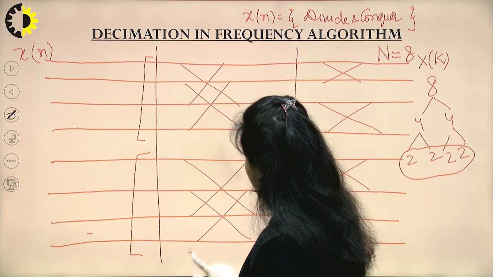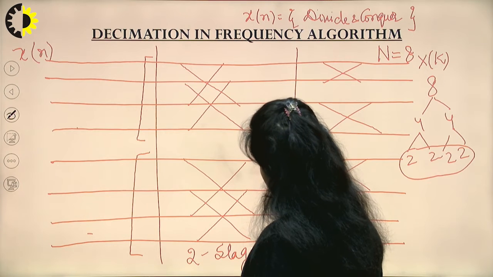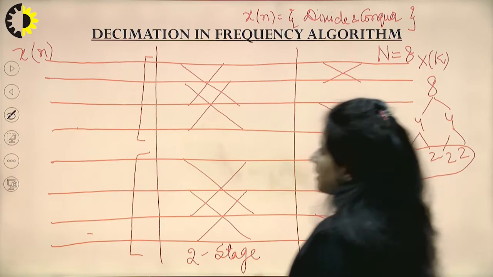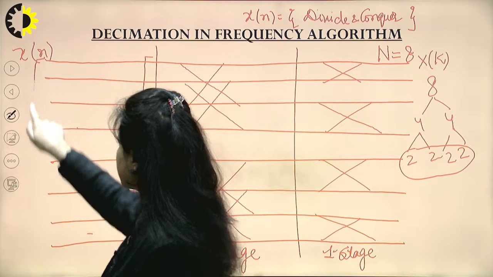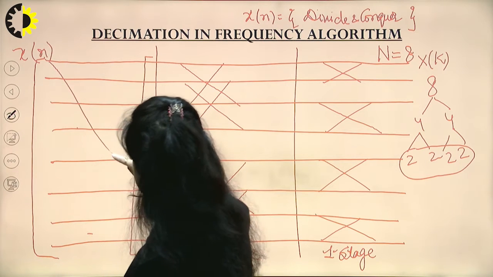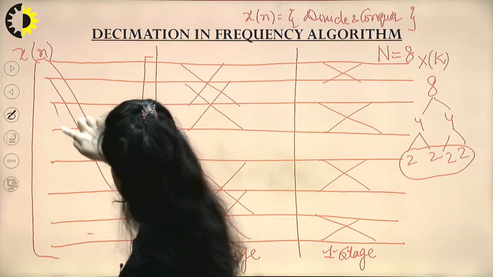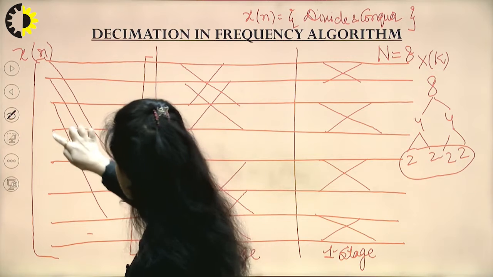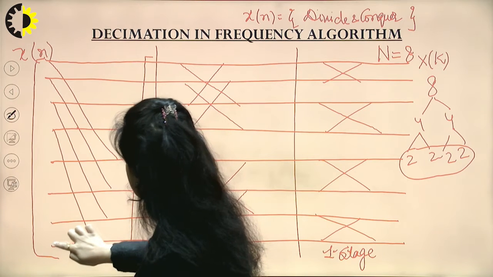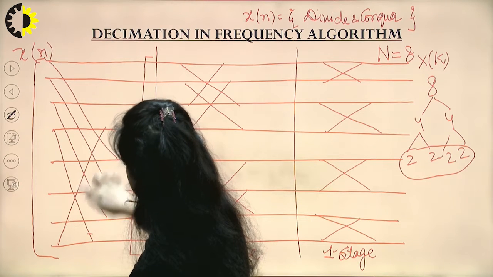So that corresponds to my second stage of decimation. And in the last stage, I'll consider all the 8 samples here and would start connecting first and fourth, second and next, second, third and third of next element, and in this way I would start crossing the elements in the reverse direction as well.